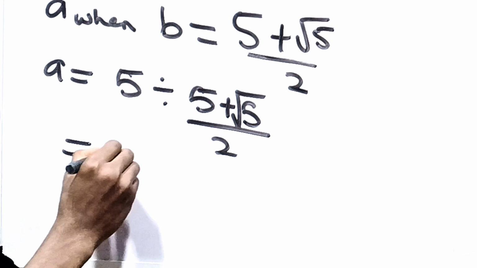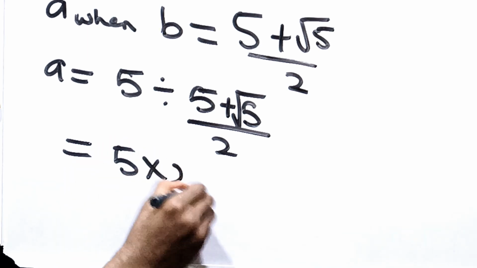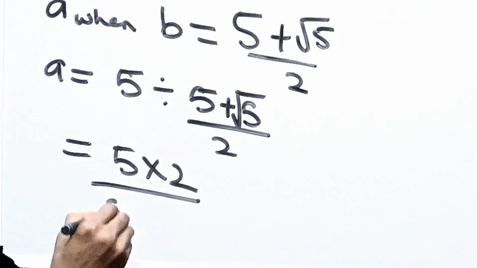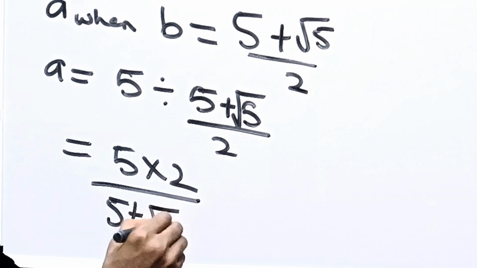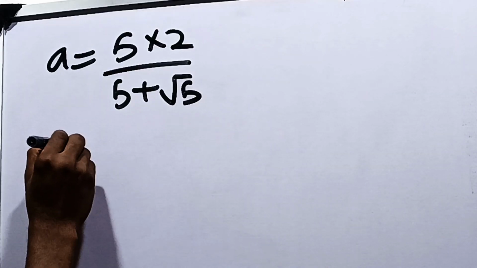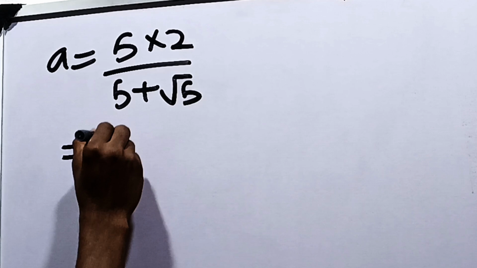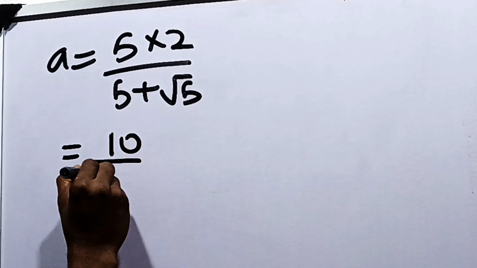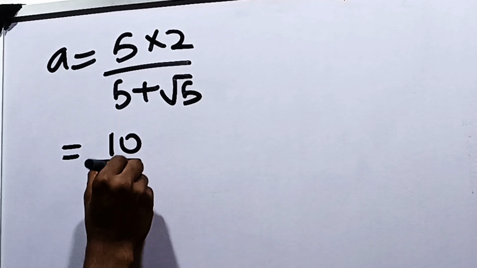This is equal to 5 multiplied by 2 divided by 5 plus root of 5. Now we have that our A is equal to 5 times 2, which is 10, divided by 5 plus root 5.